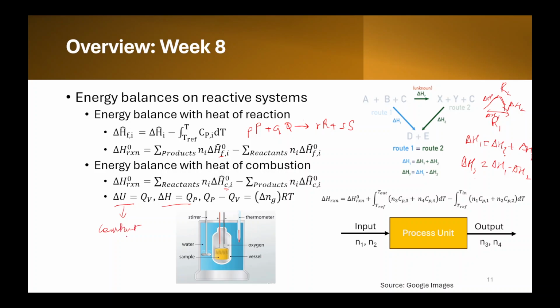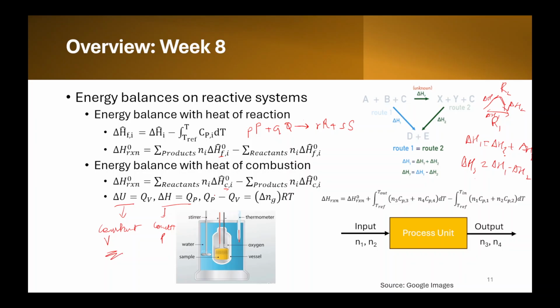So this bomb calorimeter experiment can be done at constant volume or constant pressure. So the heat generated at constant pressure is equal to the change in enthalpy. Heat generated at constant volume is equal to your change in internal energy, and the bomb calorimeter is usually operated at constant volume.